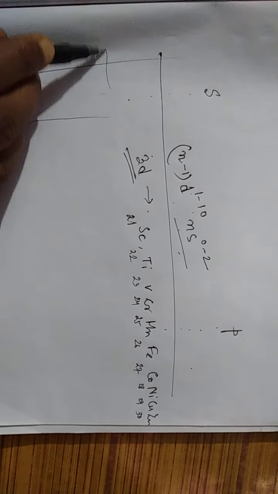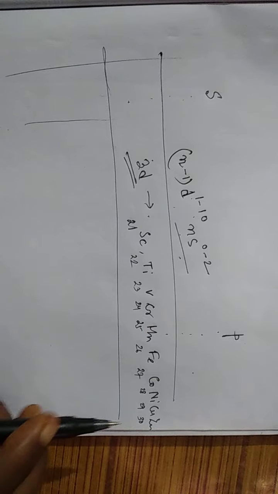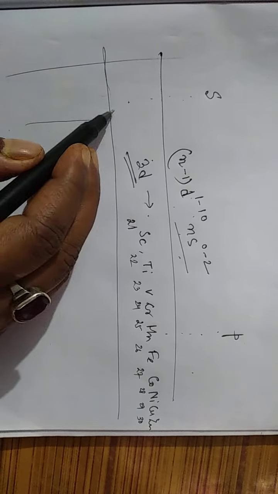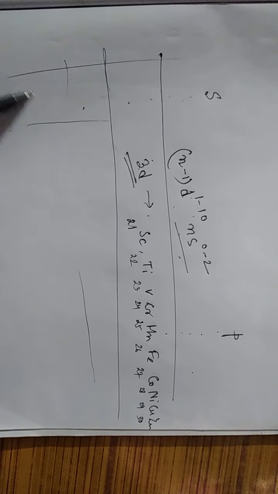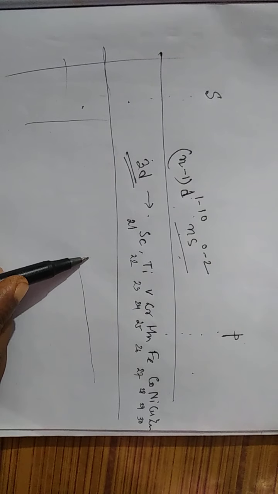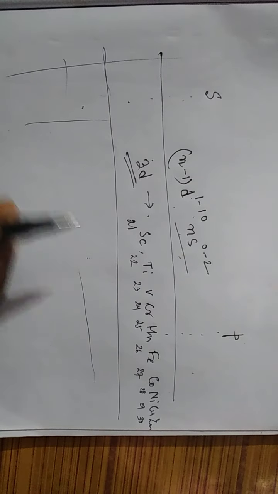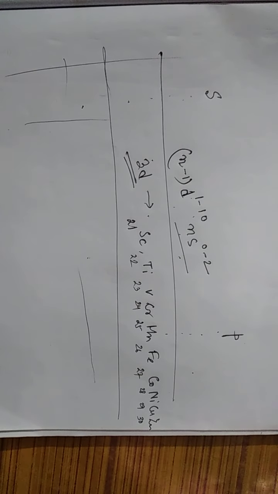So this is our first transition series, which we will discuss along with the electronic configuration. Similarly the second series, the next period, in which the last electron enters the 4d orbitals, the third transition series, in which the 5d orbitals are filled up, and the last is the fourth transition series, the 6d series, in which the 6d orbitals are filled up.